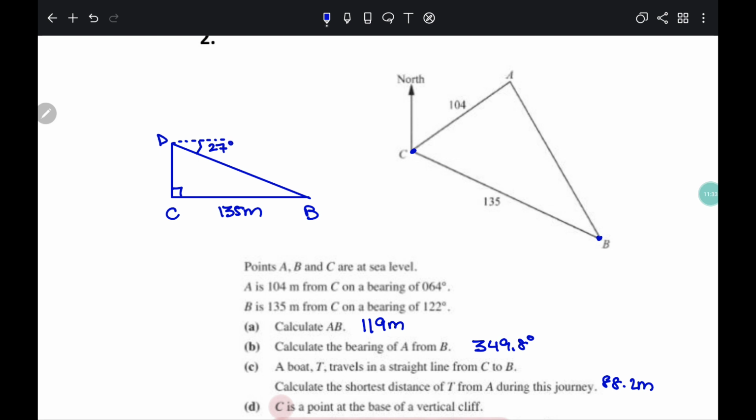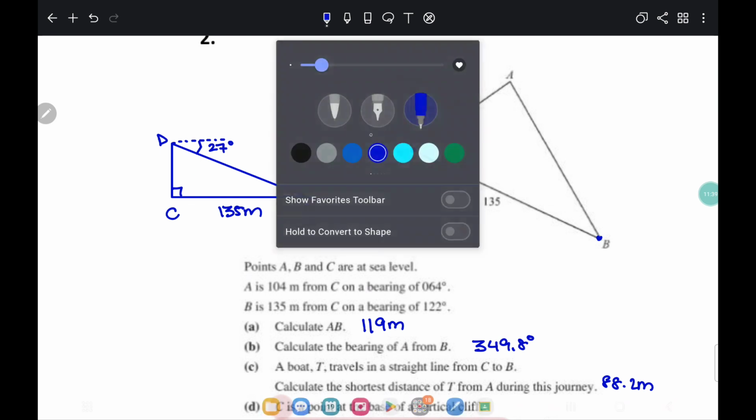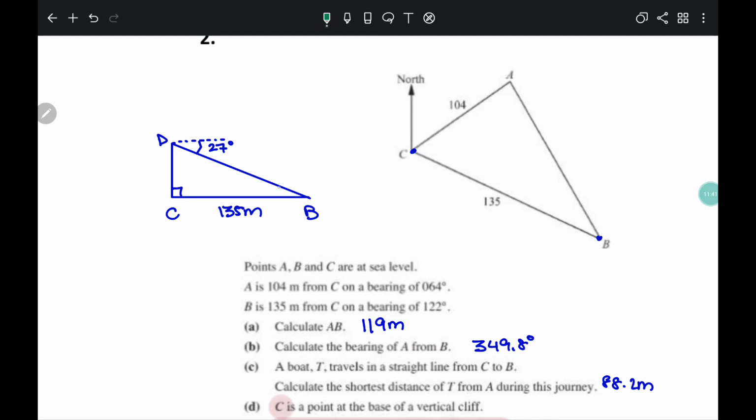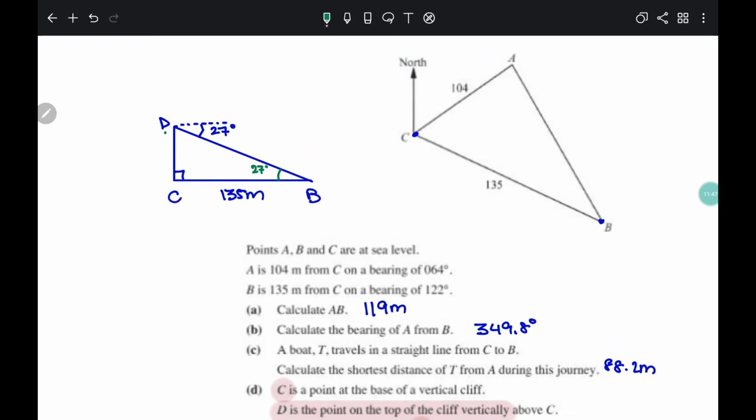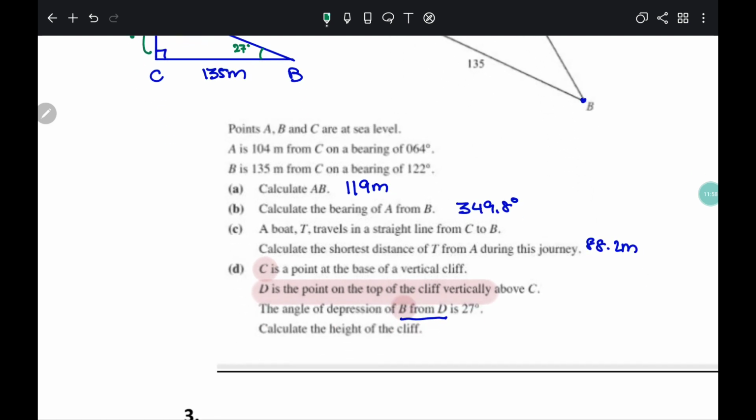Since the horizontal line is parallel to the one on the ground, this angle here is also 27 degrees. Can you use that to find the height of the cliff? Use your trigonometry. I'll give you the final answer. Final answer is 68.8 meters.